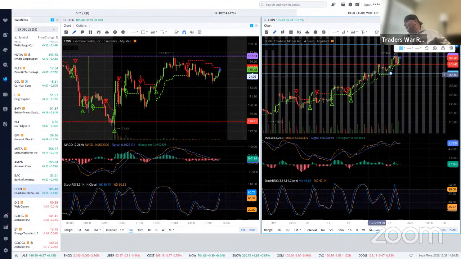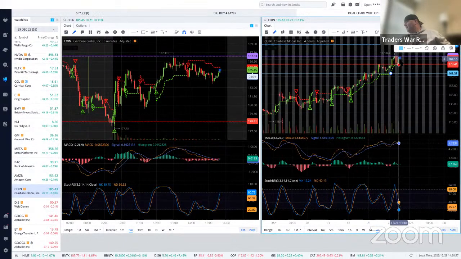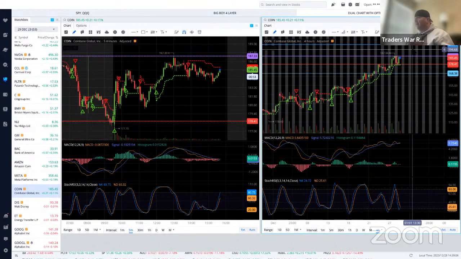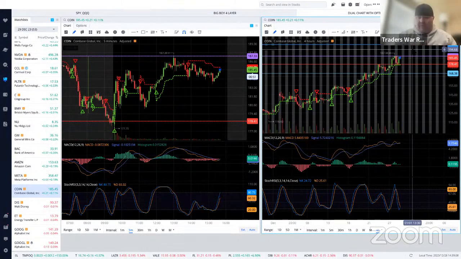This was all in a day. So we're basically looking at a $10 move in a day on this particular ticker. So 200 would be a little out of the money by about $5, and we probably want to watch that one a little closer.